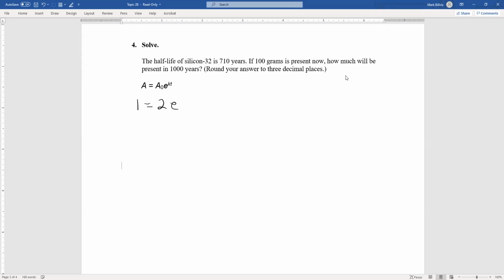And that's raised to the E, and then K times T. Well, this is telling us T is 710. And again, we're going to be solving for K. So just as we did before, we're going to divide both sides by 2.